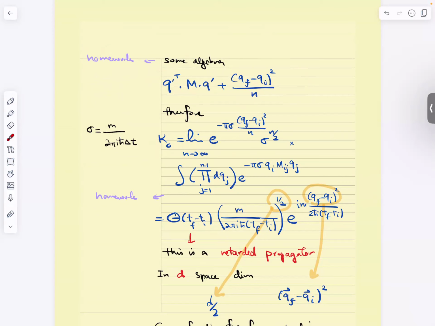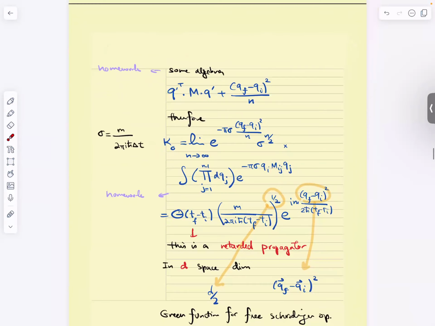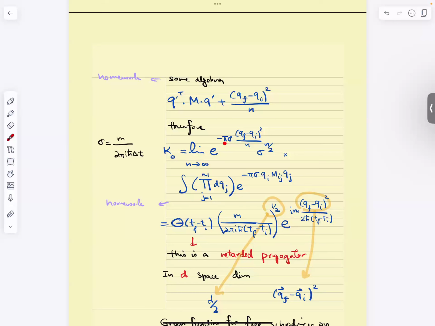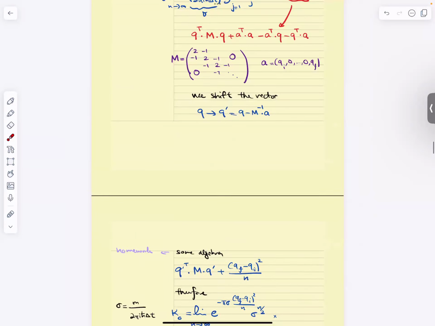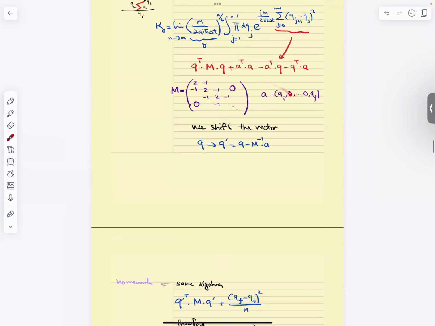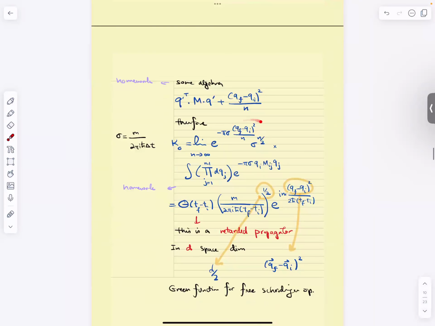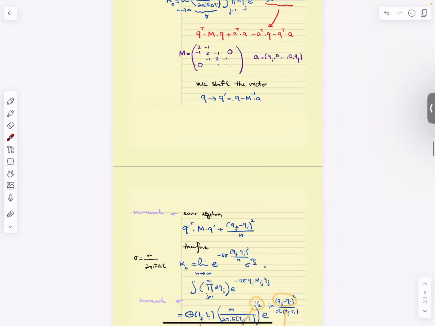So in summary, K naught becomes the following expression: e to the power of minus pi sigma (q_f minus q_i) squared over n. This comes from the term that popped out of the q squared, the boundary condition, this A term. Sigma to the power of n minus 2 is just this.